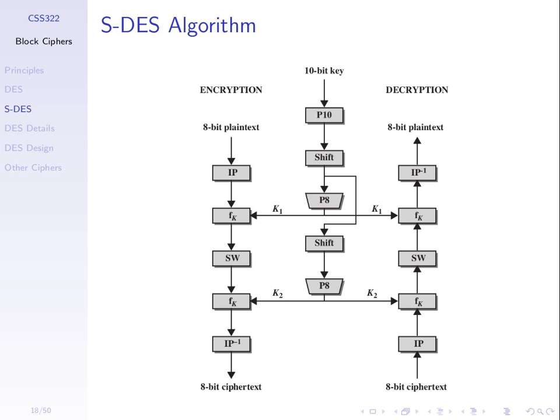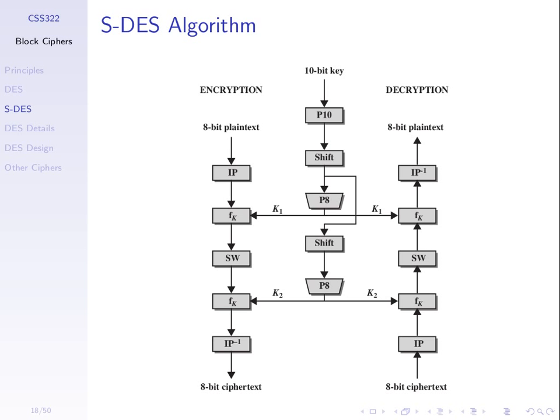In encryption, K1 is used first and then K2. In decryption, K2 and then K1. The benefits of encryption and decryption being the same operations is that you only need to implement it once. You implement encryption and you now have an implementation of decryption. That's a significant practical advantage.